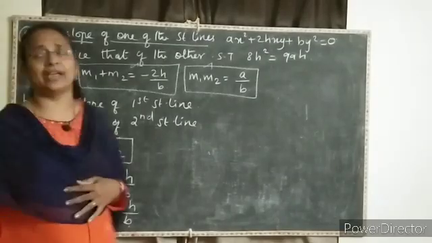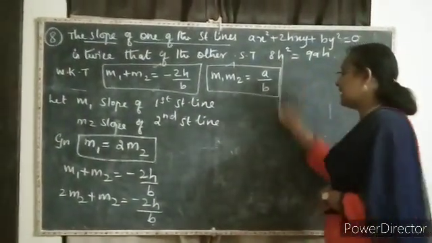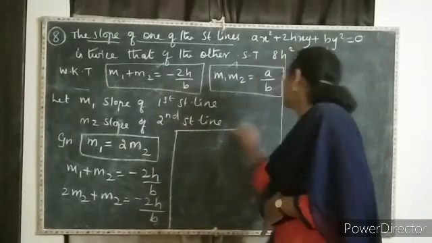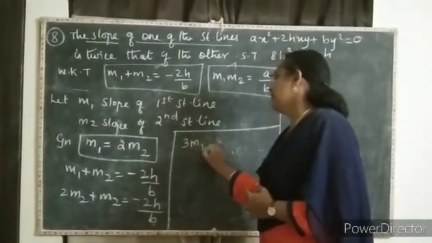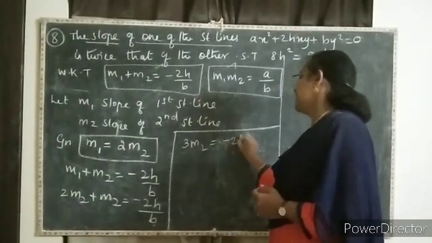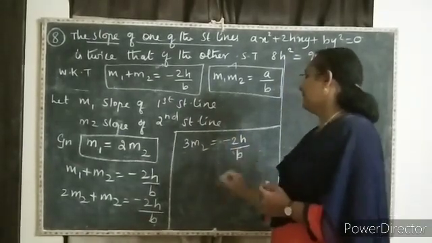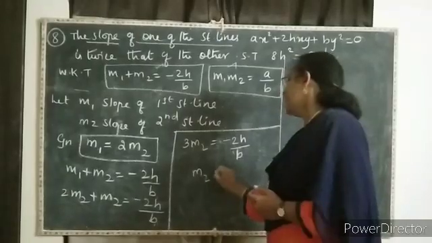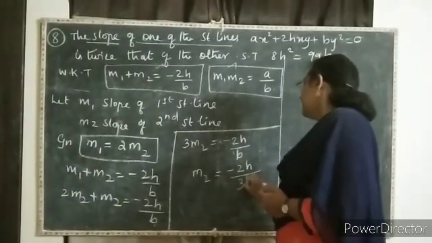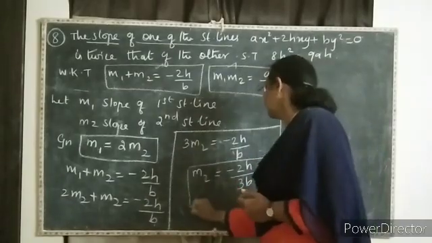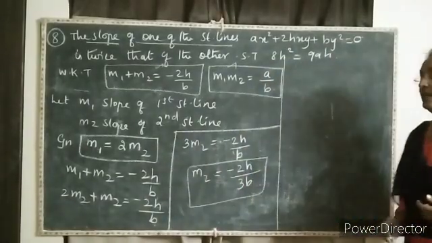Now we make the necessary simplification. This becomes 3 times m2 equal to minus 2h divided by b. So m2 will be equal to minus 2h divided by 3 times b.